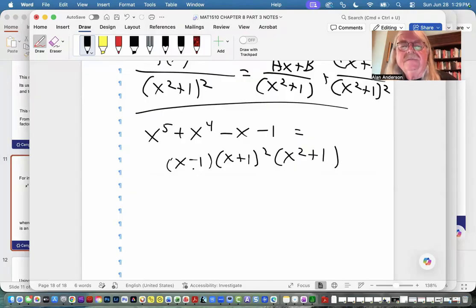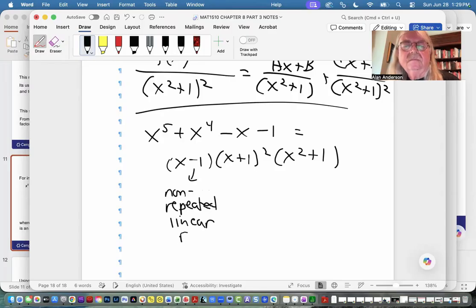So here is a non-repeated linear factor. Here's a repeated linear factor because it's squared.